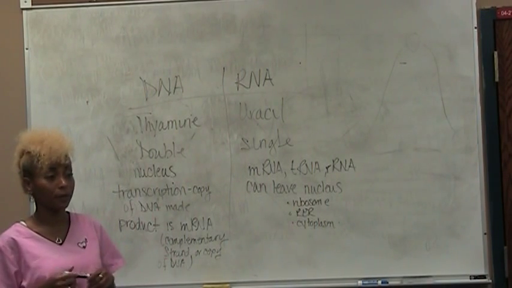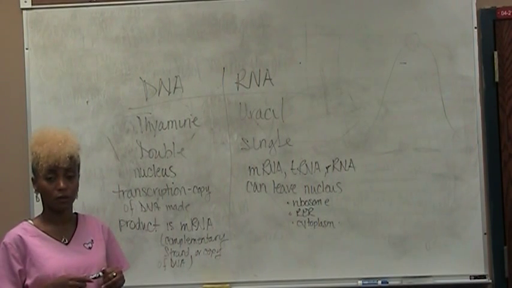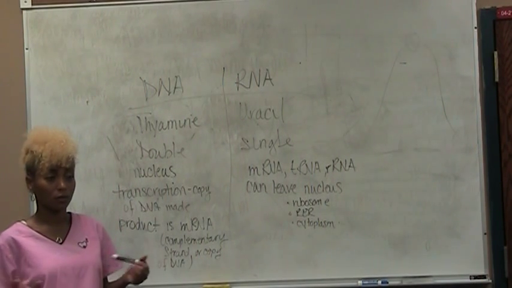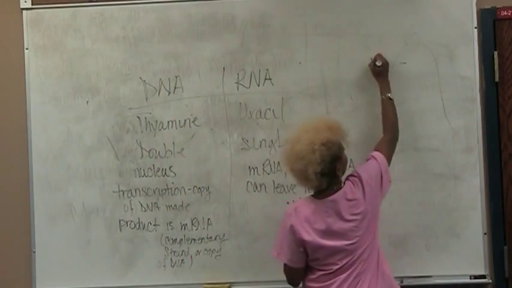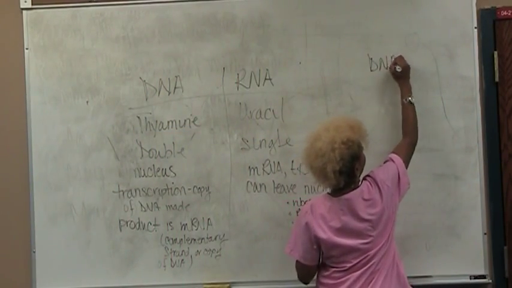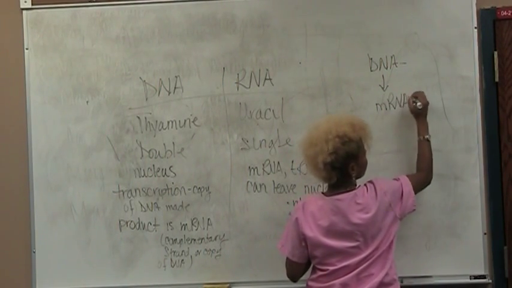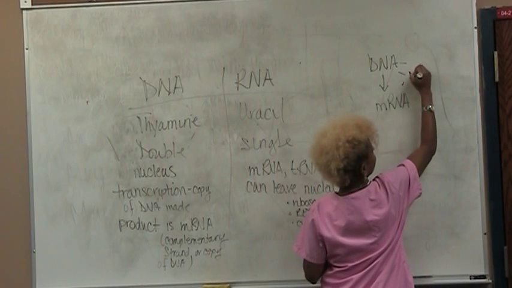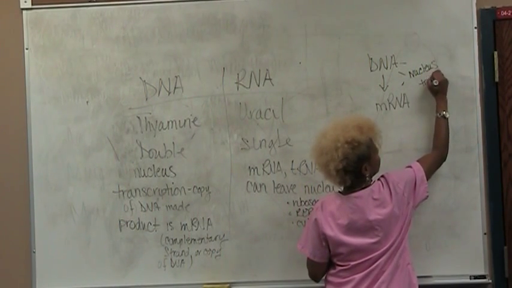Where does the messenger RNA go once it leaves the nucleus? It goes to the ribosomes, right? So our DNA is being made into a complementary strand of messenger RNA. This process is in the nucleus, and that's transcription.